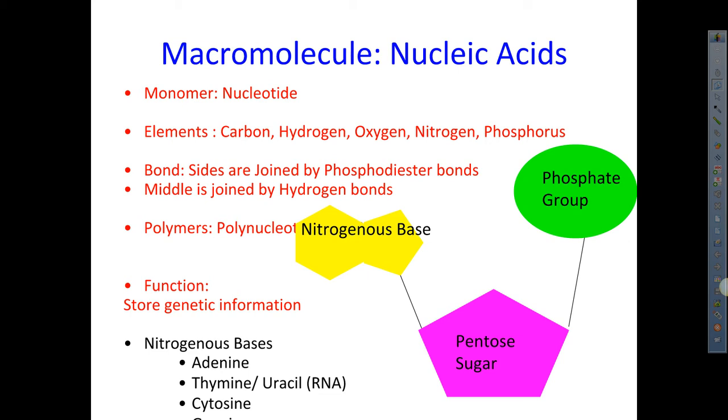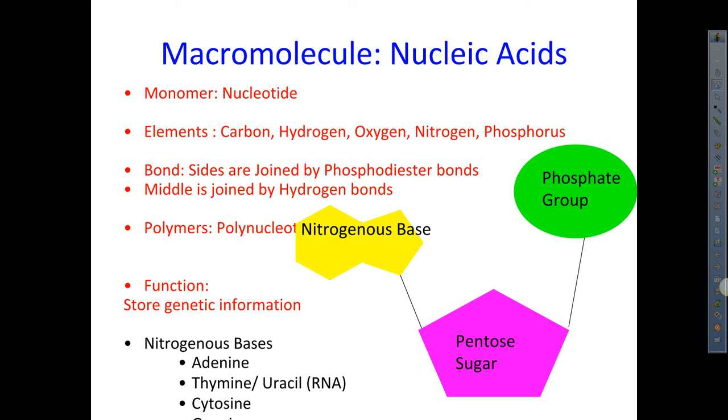The bonds between each nucleotide, each monomer, it has 2. When forming just the up and down chain, those are called phosphodiester bonds. But when we're looking at DNA and it's bonding to its neighboring chain, that's a hydrogen bond that's joining those.